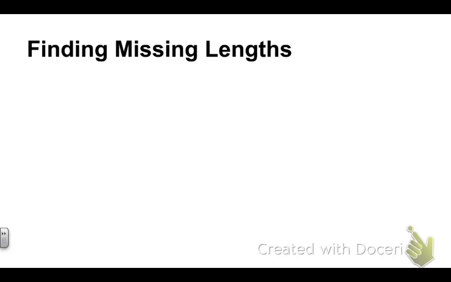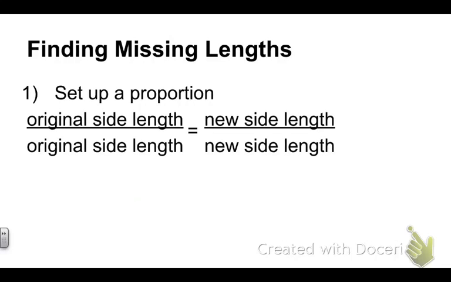So we are going to spend a little bit of time finding missing side lengths. And I know you did this last year. You set up a proportion. So you looked at one original side length and another original side length, made that a fraction, and you put it equal to the new side length, the matching side length, over another matching side length.